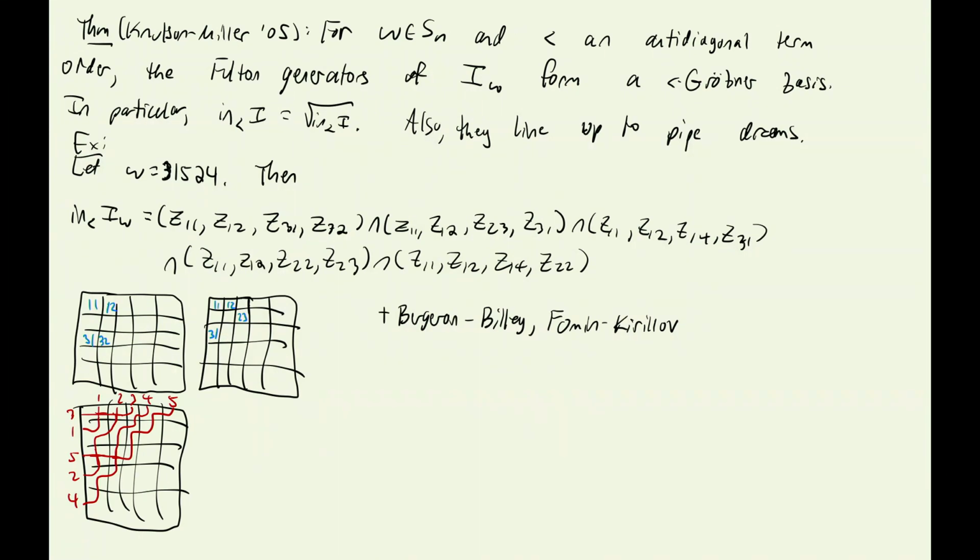So let's go ahead and do that in this example. Actually, this is maybe kind of large. Let's not do this in this example. So you already know how to go from pipe dreams to Schubert polynomials and double Schubert polynomials from Anna. So now you can connect the story and you'll have an opportunity on homework.